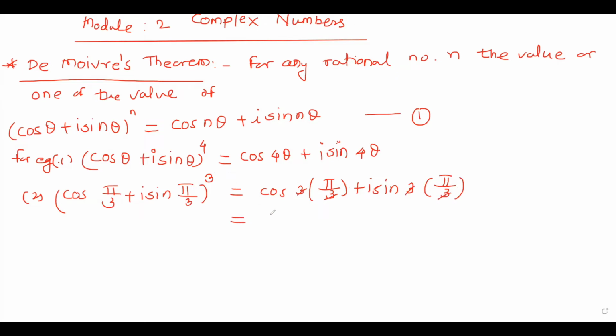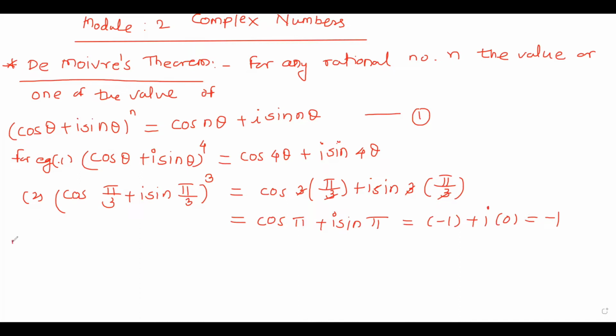So this becomes cos of pi plus i into sine of pi, according to this theorem. Cos pi is -1, sin pi is 0. So this is -1 plus i into 0. So the value is -1. Similarly, we can solve other equations as well.